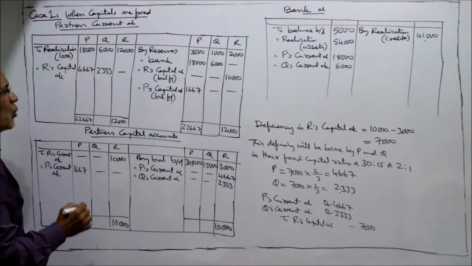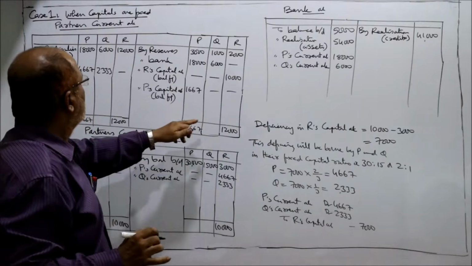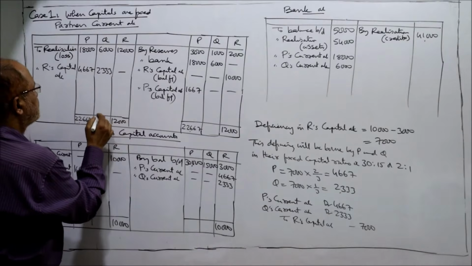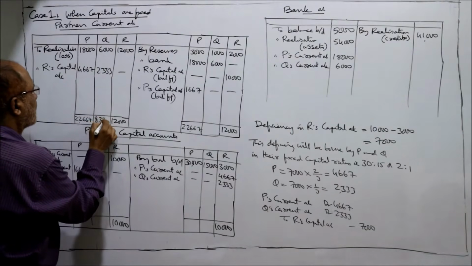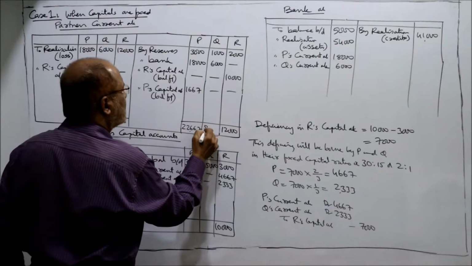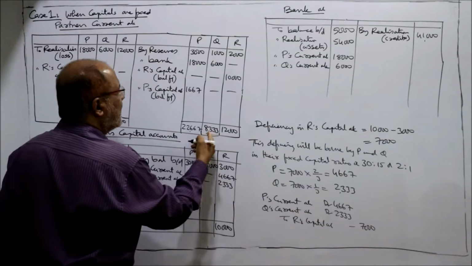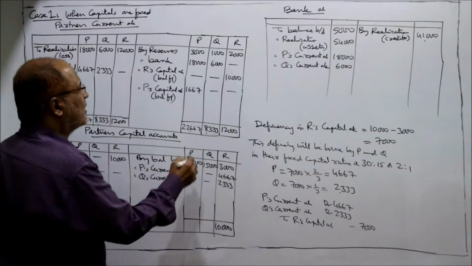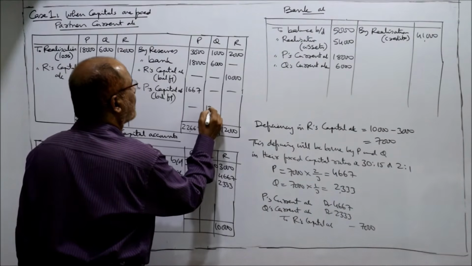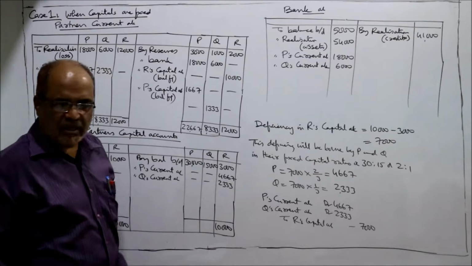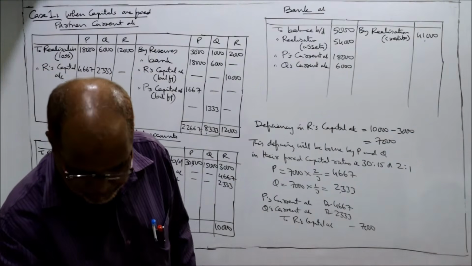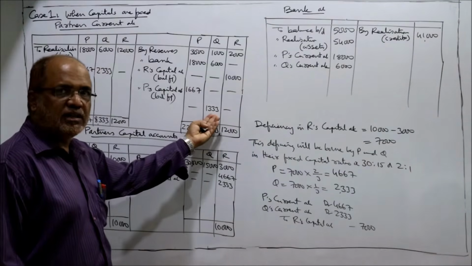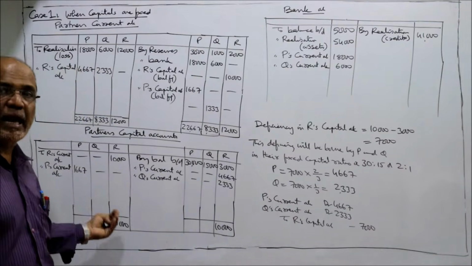उसी तरह सेम वे Q का डेबिट साइड 6 plus 2, 8,333. Now 8,333 minus 7,000, so 1,333 is remaining in case of Q, and this 1,333 should be transferred to Q's capital account.